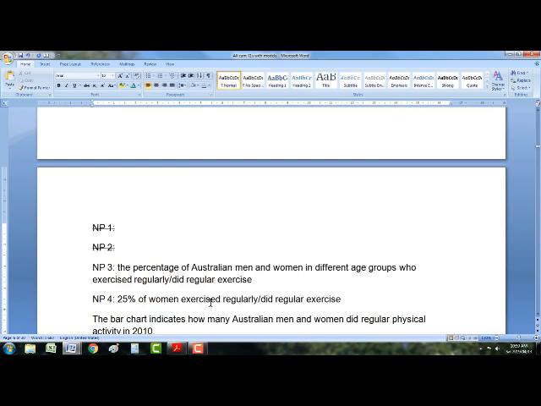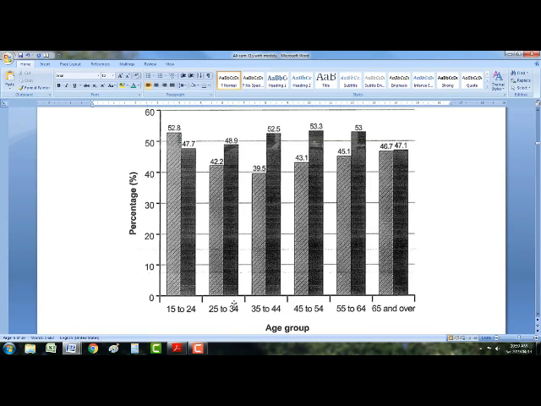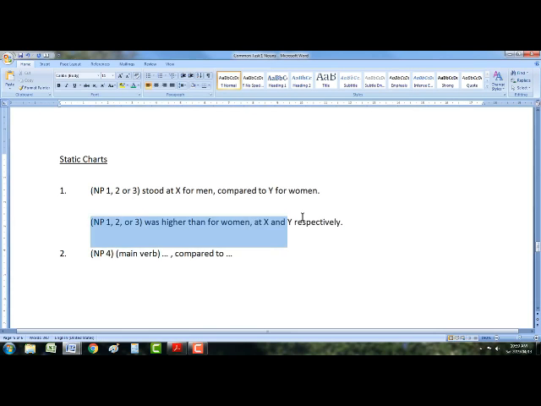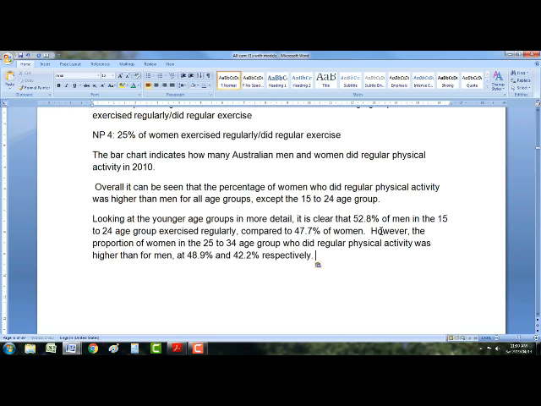Right, and then what's next? In the 25 to 34 age group, maybe we can say something like however or in contrast, because now it's different. And I'm going to use this one over here, except this is going to say men, of course. So I'll put a however, noun phrase 1, 2, or 3 was higher than for men at that and that respectively. Like that, right. However, linking language.